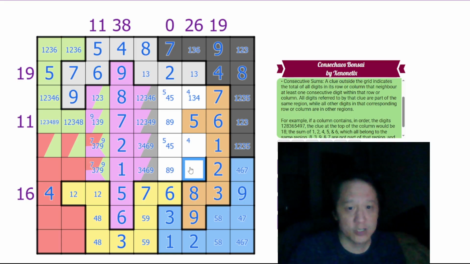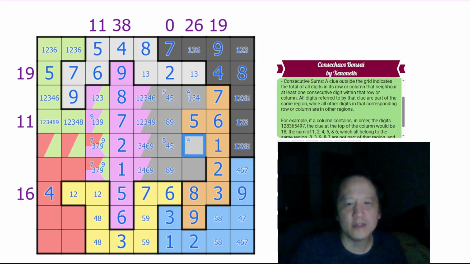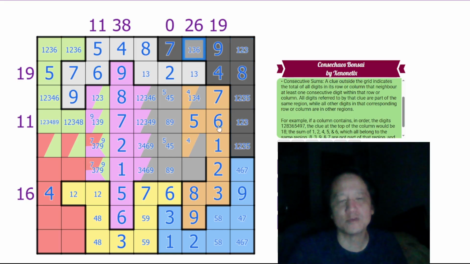Therefore, this is all medium gray. And this could be orange or this could be orange. This 1, 2, 3, 5 quadruple eliminates 1, 2, 3, 5 in the rest of this dark region. So this is 6. This can't be 6.